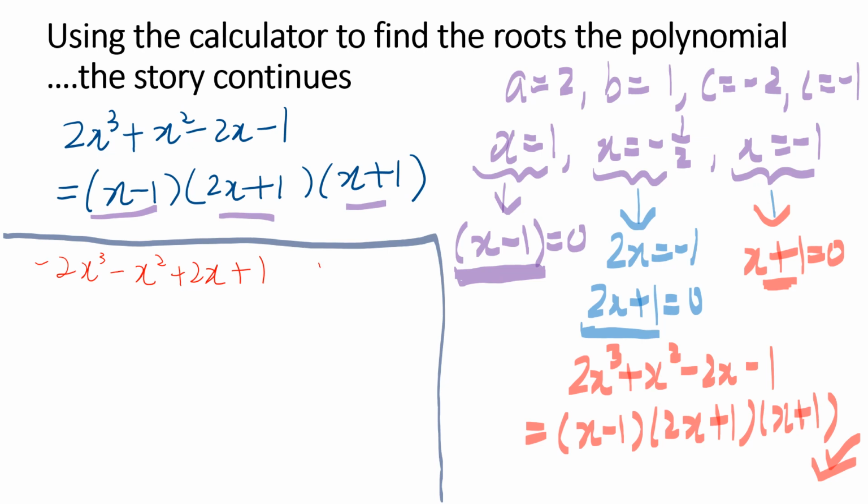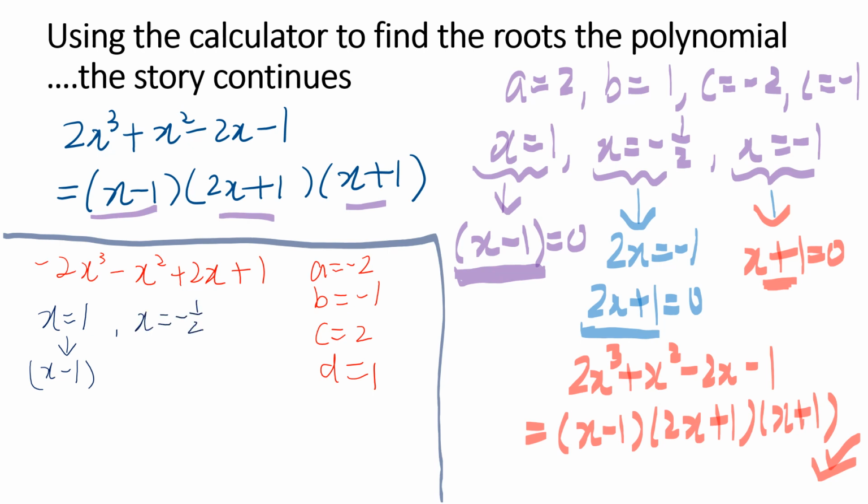You key in A equals negative 2, B equals negative 1, C equals 2, D equals 1, right? Then the calculator will show you x equals 1. So you convert it, it will be x minus 1, into linear factor. Then the second answer will be x equals negative half.